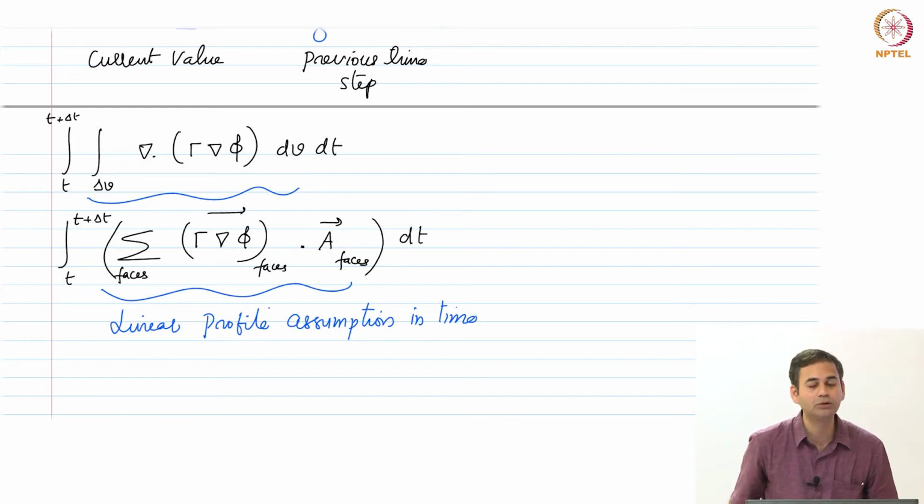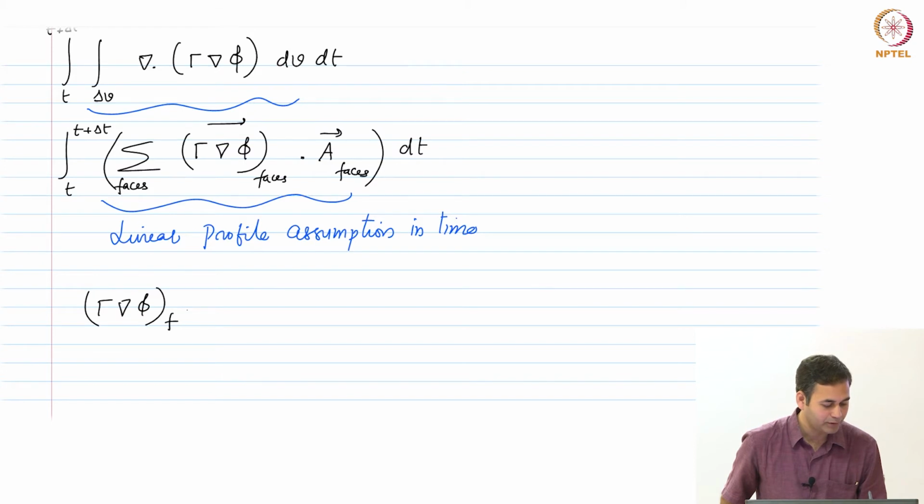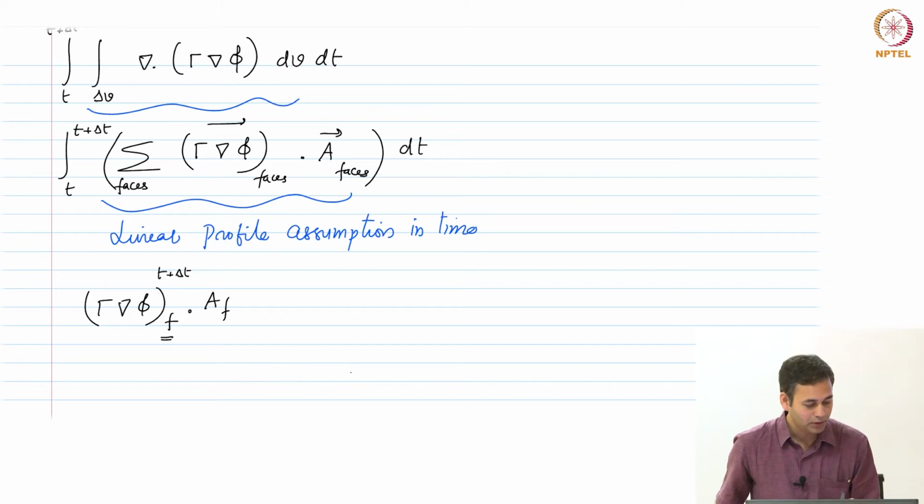Similar to the interpolation of the diffusion coefficient on the faces, where you remember we had some factor Fe times gamma p plus something, similarly I have two quantities here. One is gamma grad phi f dot af, where the subscript f stands for the face, at t plus delta t, and another value which is gamma grad phi f dot af at t.